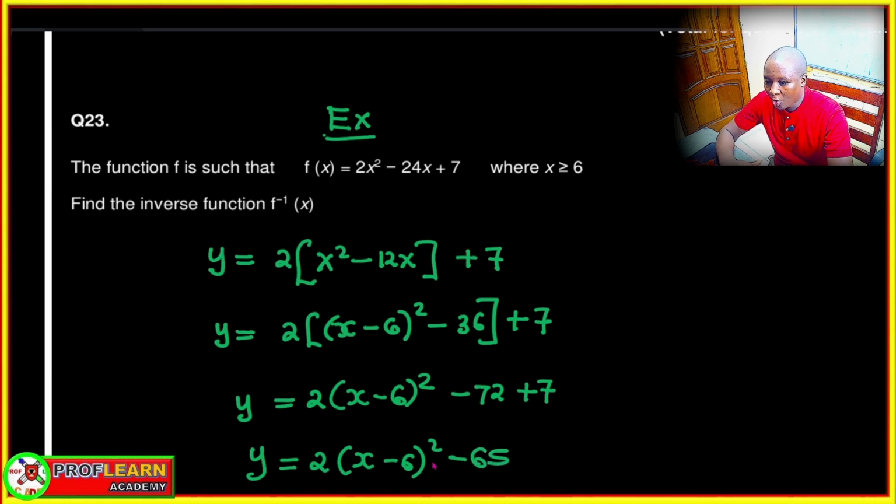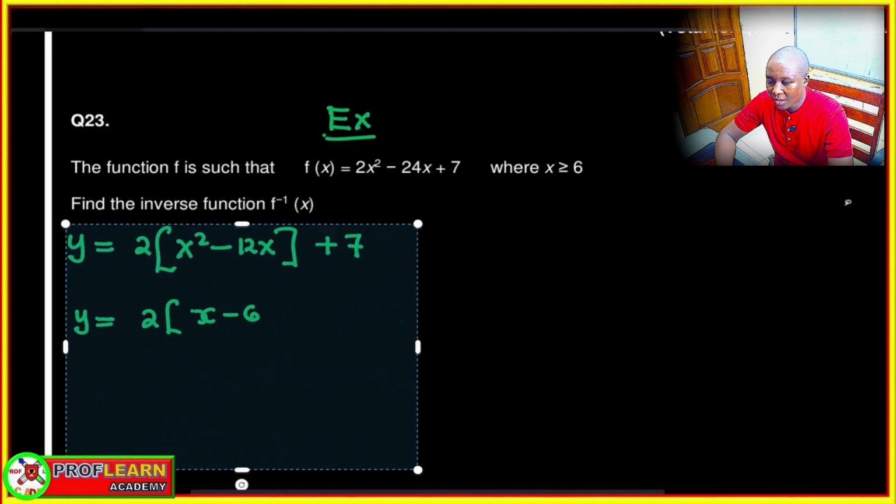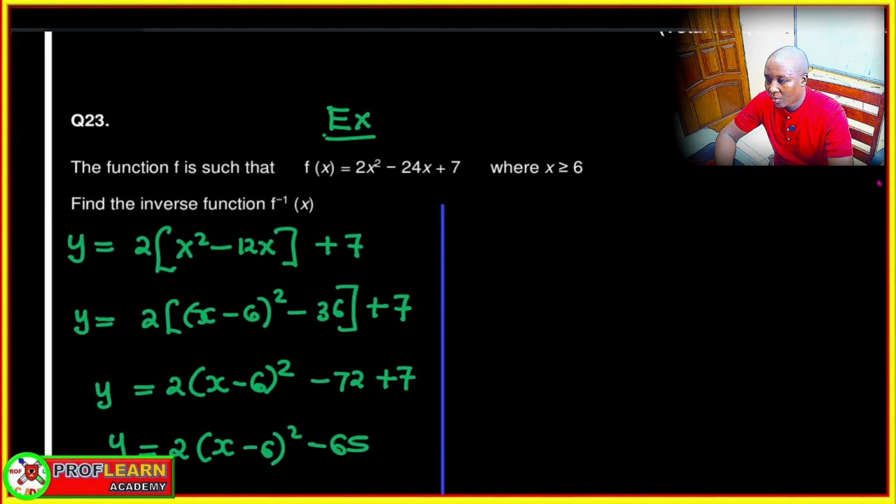So after completing the square, now switch x and y. Where you have y, you write x, and where you have x, you write y. And this is going to be x is equal to 2 into y minus 6 squared minus 65. Let me just move this a little bit so that we can organize our work properly. Make y the subject of the formula.